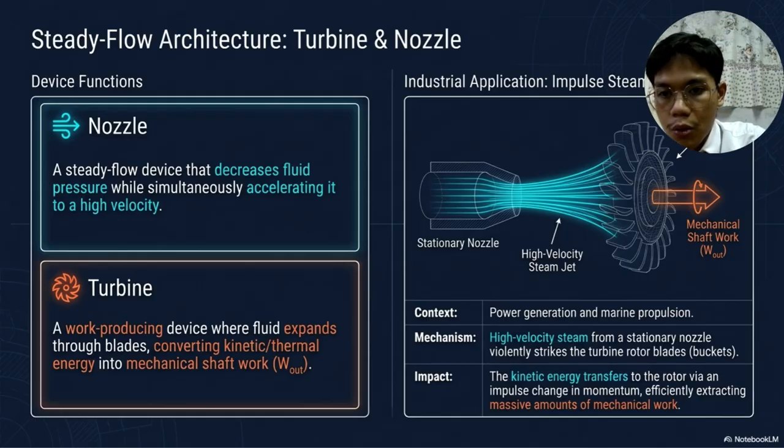It is used to generate power or marine propulsion. High velocity steam from a stationary nozzle strikes the turbine rotor blades, or buckets. The kinetic energy is transferred to the rotor via an impulse change in momentum, efficiently extracting massive amounts of mechanical work.